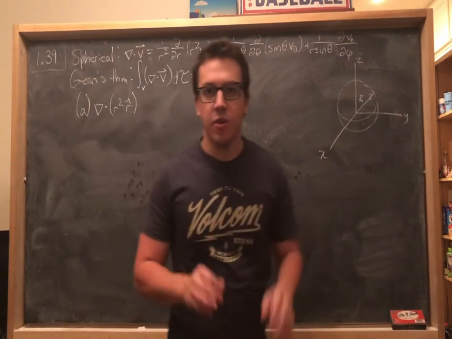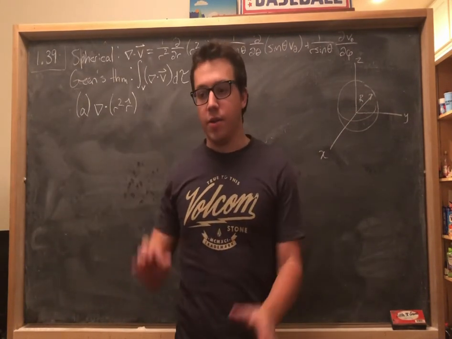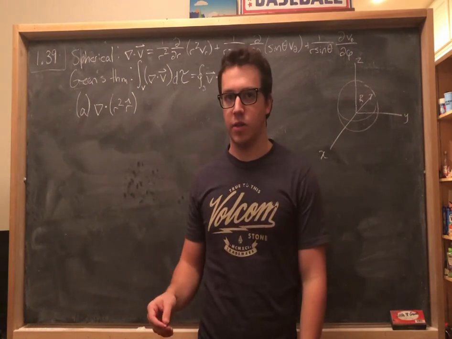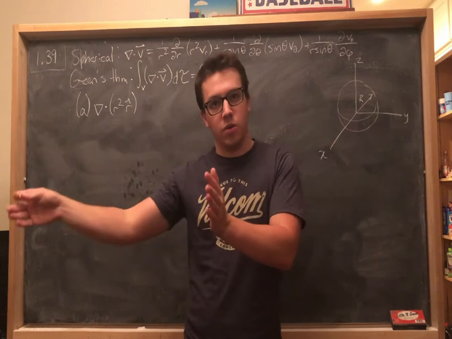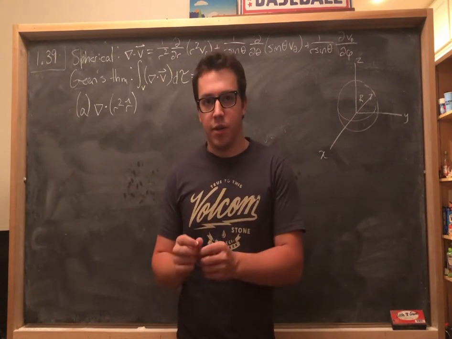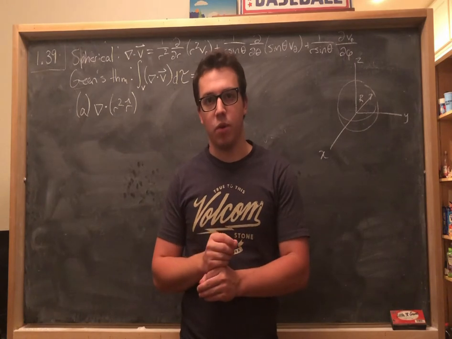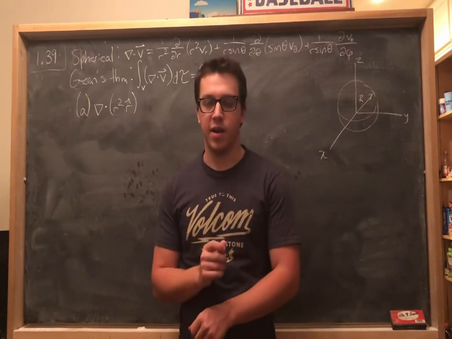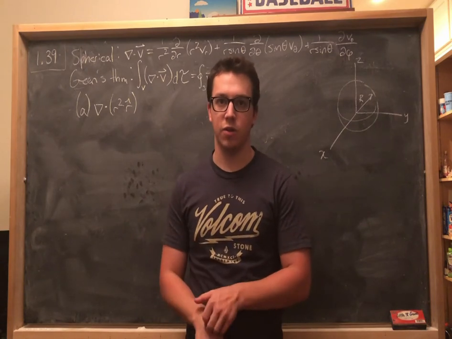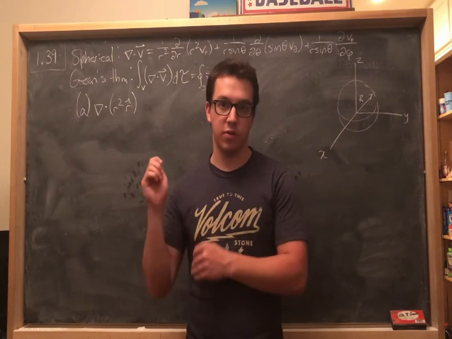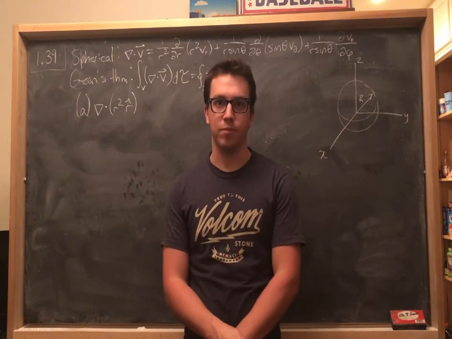First is that unlike problem 1.16, at which point Griffiths had not introduced spherical coordinates, if you were going along doing the questions in order as you went through the book. By this point, though, he has, and that'll make our life a whole lot easier, and it'll also give us a chance to compute the divergence in non-Cartesian coordinates, spherical coordinates, and see how we do that.